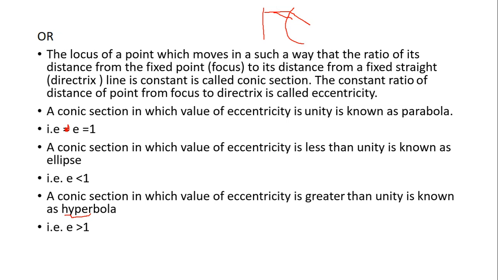So hyper meaning is excessive, more. So excessive or more means here value of e is also more than 1. So that link we can make in our mind, so that this eccentricity value greater than 1 will not be forgotten, and if it is bigger than 1 for hyperbola, definitely it is lesser than 1 for ellipse. One is bigger and another one is smaller, so it can be remembered easily. And this parabola eccentricity equal to 1 is not difficult to remember.